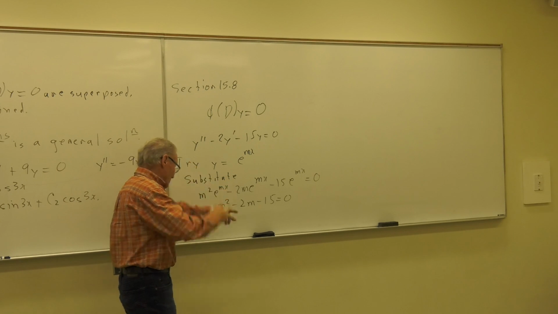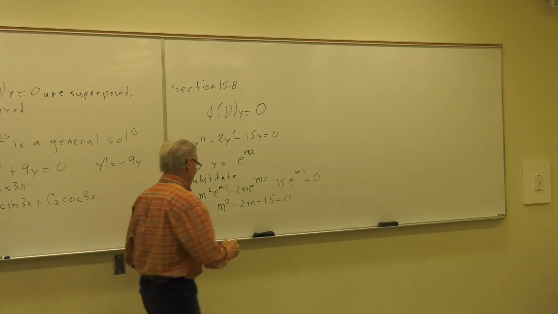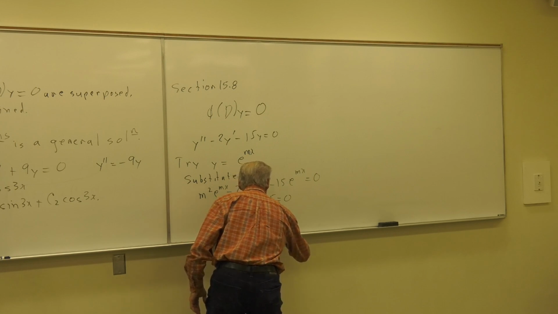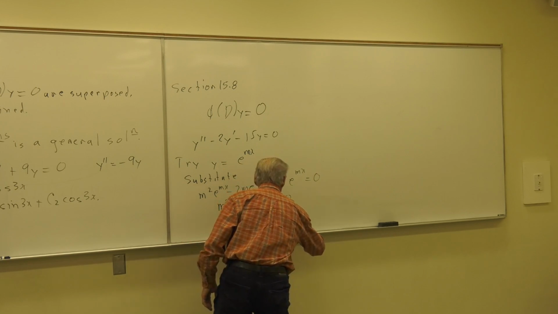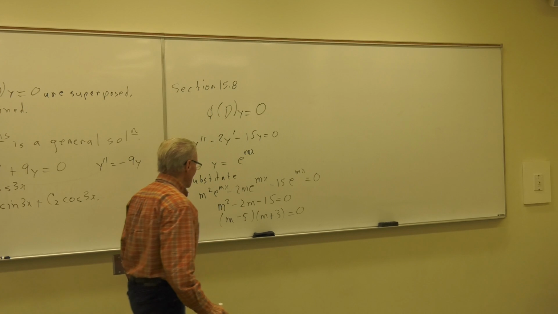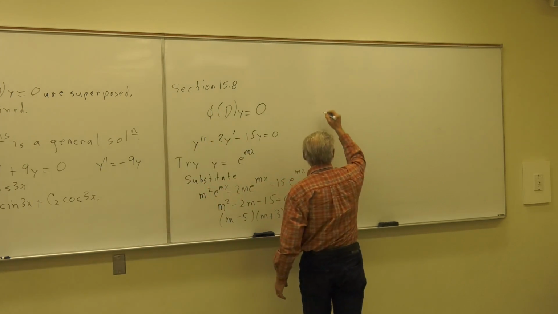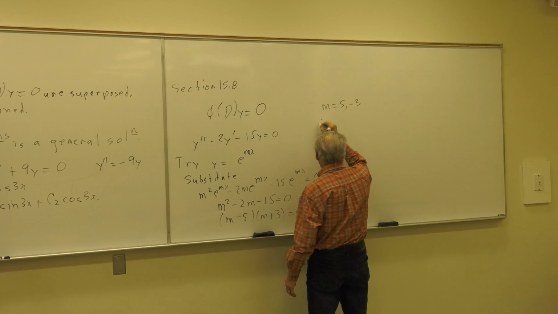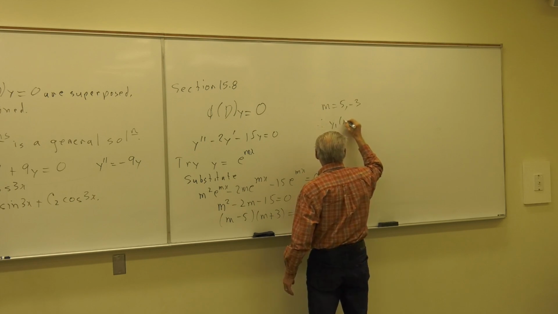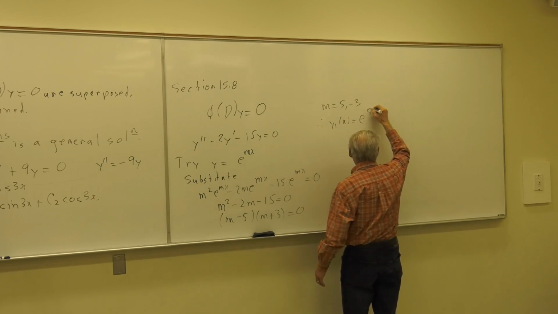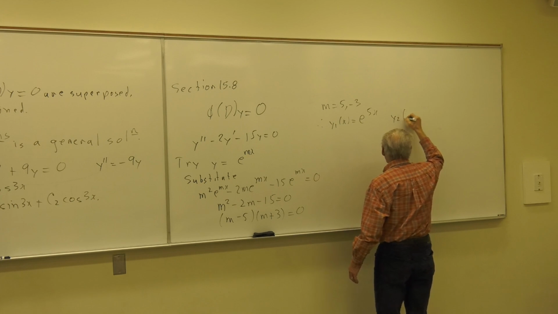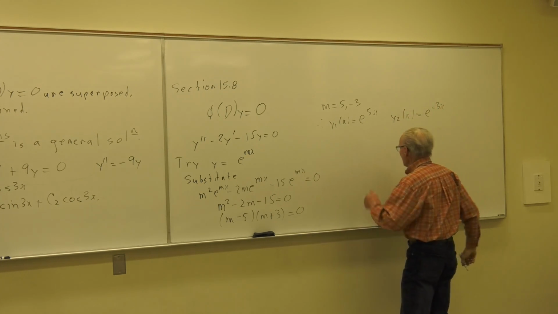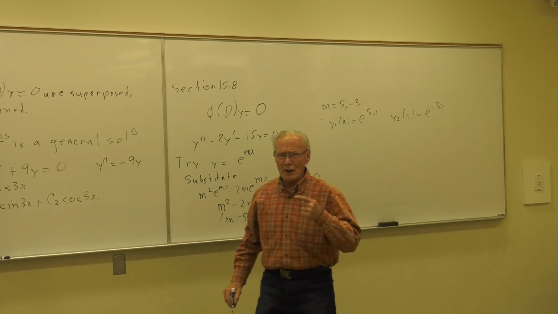m squared minus 2m minus 15 equals 0. That's a quadratic equation. It factors: m minus 5 and m plus 3 equals 0. And therefore, m is equal to 5 or minus 3. Therefore, y1 of x equal e to the 5x is a solution, and y2 of x equal e to the minus 3x is a solution, and those guys are linearly independent.